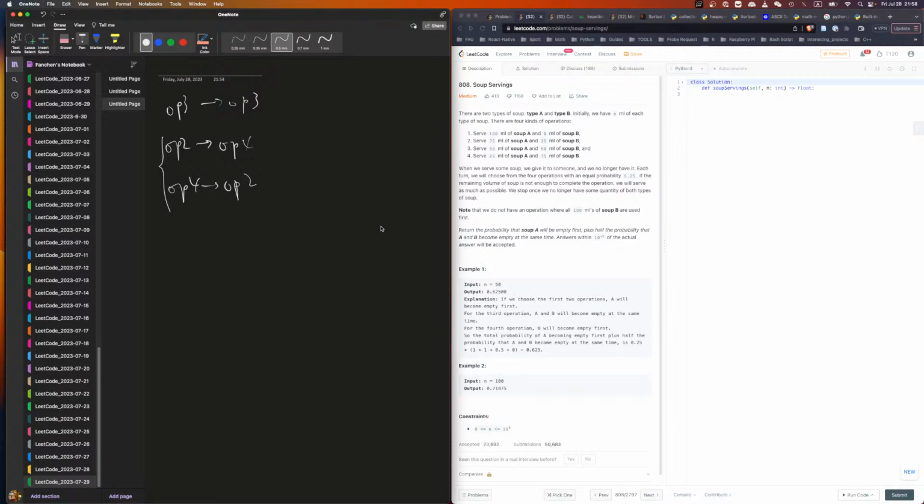So that means at any point, if we swap OP3 with any of the others, 1 or 2, then we'll be good. So we can swap OP3 at this side, we can swap OP3 at this side.